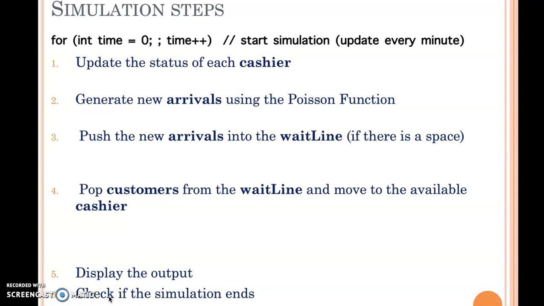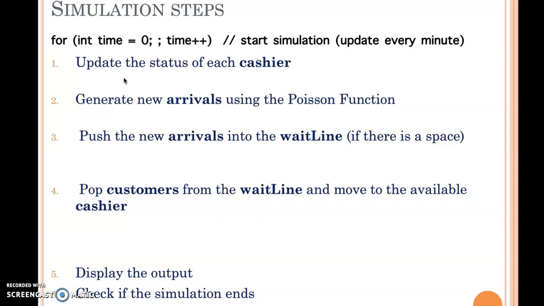Okay, so 2, 3, 4 earlier from our picture kind of very makes sense. But one thing is that one is for we just regular in daily life we feel like that. But here actually we need to add the first one for every minute for your simulation is to update the status for each cashier.